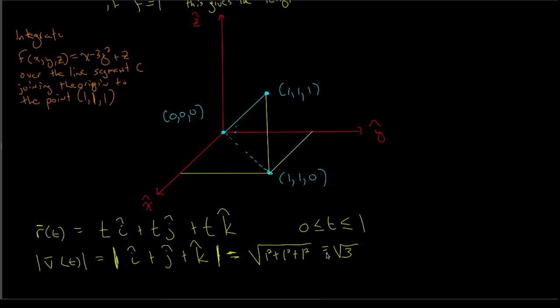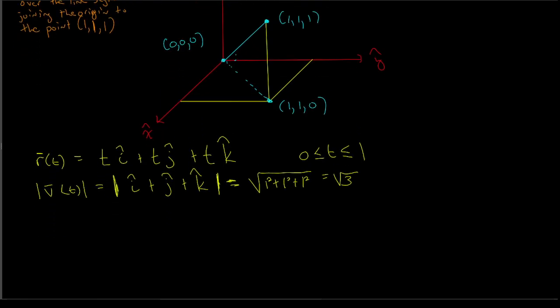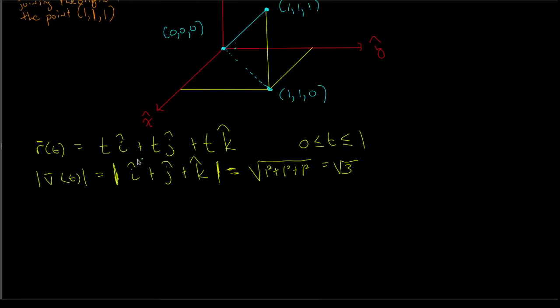It's never 0. This v of t never 0. Its norm never goes to 0. Remember, this is required not to go to 0, and the norm of this parameterization will always be root 3.